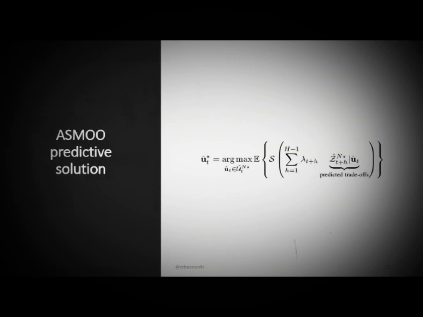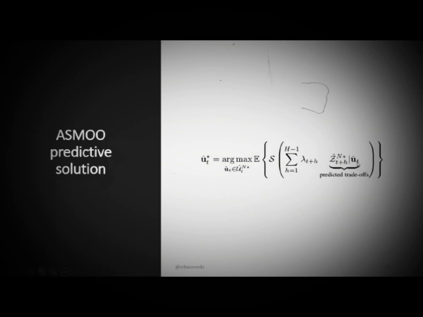Obviously I won't show you the precise equations because they don't matter right now, but this is the predictive solution of the OSMO problem, in which we are trying to find the solution u of t star that maximizes the expected value of the S metric, which is the hypervolume, over this weighted sum of all pairwise solutions contained in a trade-off set Z hat, which is predicted to be achieved in the future at stage t plus h, where h is my prediction horizon, given that I've taken the decision u at time t.